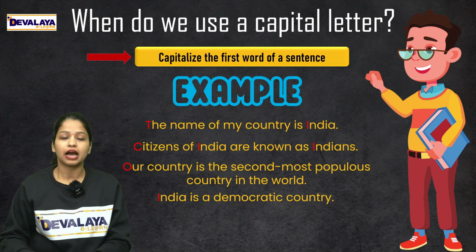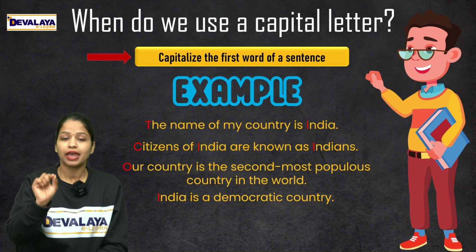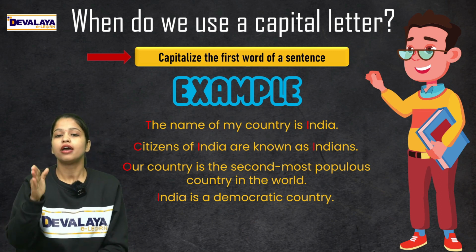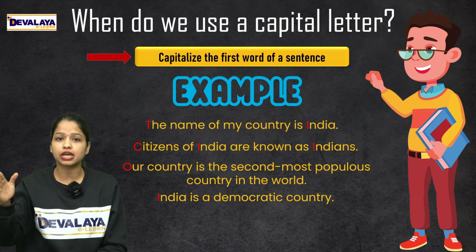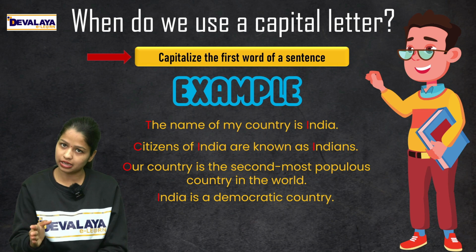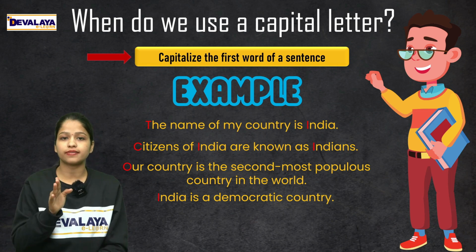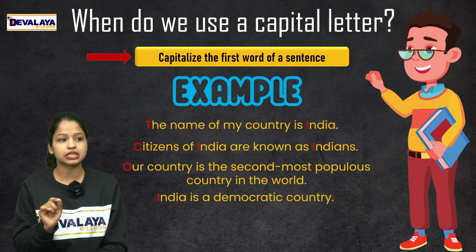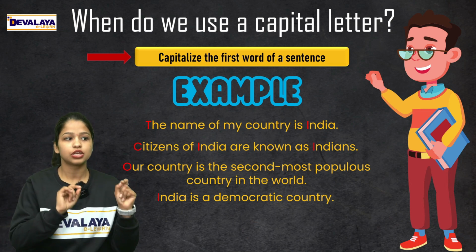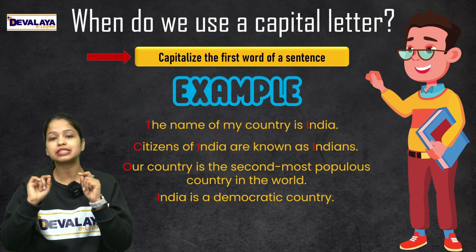Clear? Then we have put the full stop, and whenever you put a full stop, the first letter of the word you start with after that should always be capital again. Clear? So after this full stop, we said: Citizens of India are known as Indians.